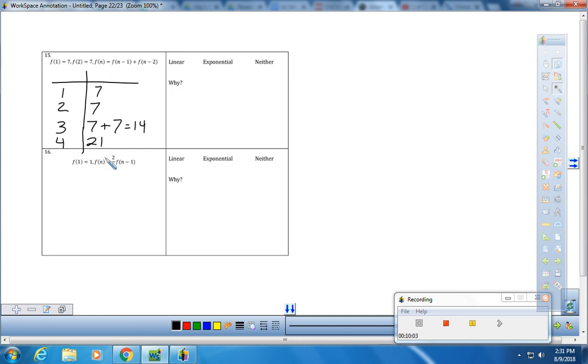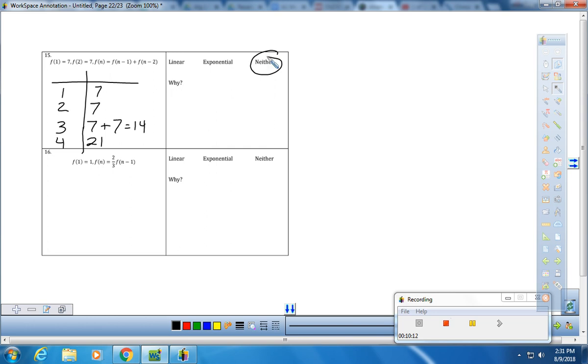So you can see this is not linear. This would be neither. It goes 7, 7, 14, 21. The next one would be 21 plus 14, which would be 35. Doesn't have a slope.